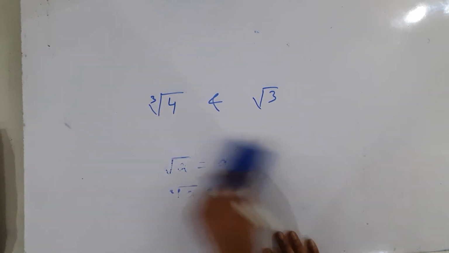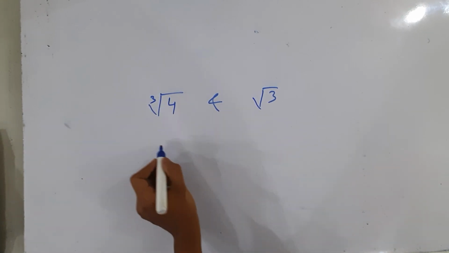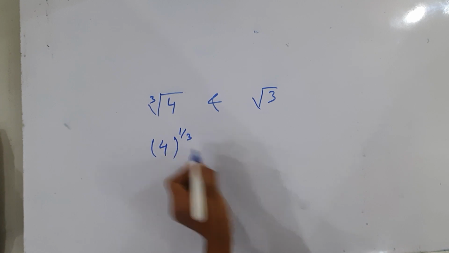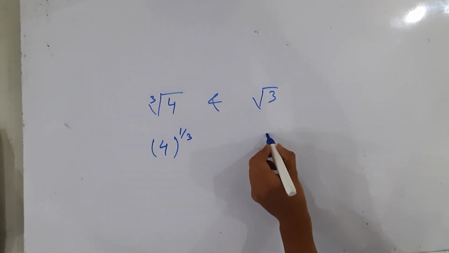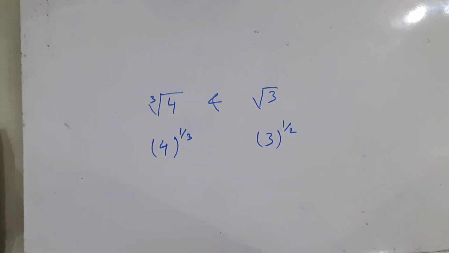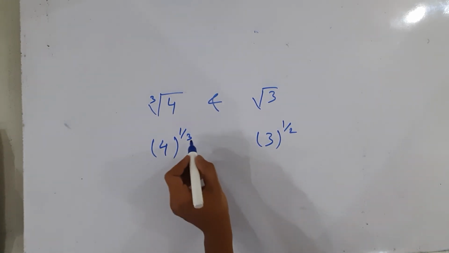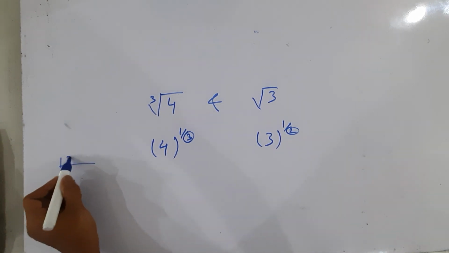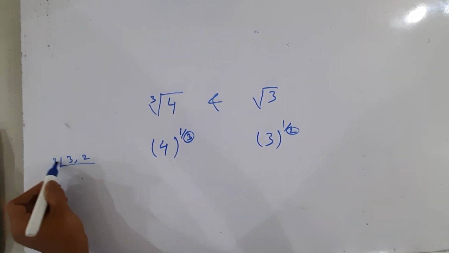Similarly, since here it is cube root, 4 can be written 4 to the power 1 upon 3, and it is square root, so it can be written 3 to the power 1 upon 2. Now we will take the LCM of 3 and 2. So LCM of 3 and 2 will come 6.